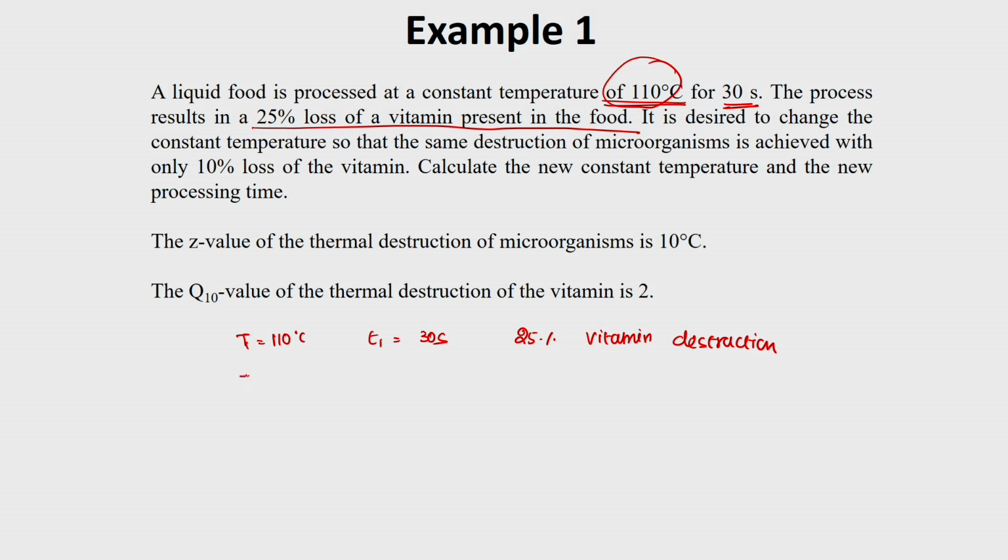But I do not know what my T2 is, and I also do not know what my small t2 is, which gets 10% vitamin loss. In both processes I took the same level of death of microorganisms.